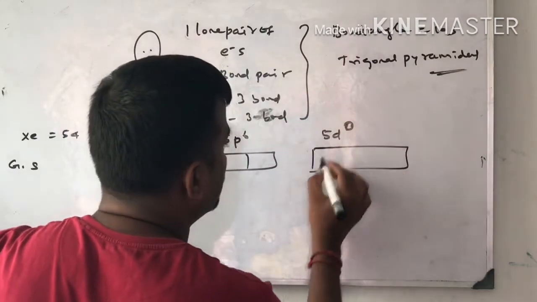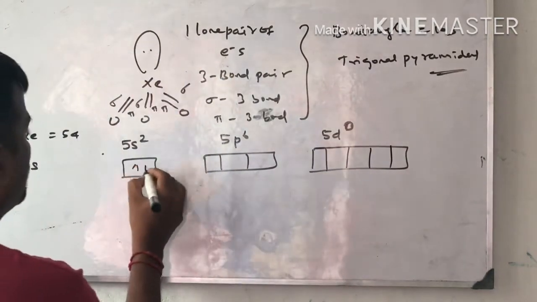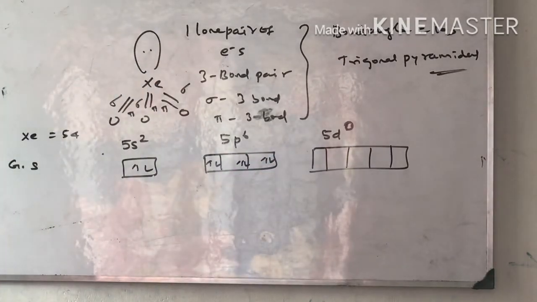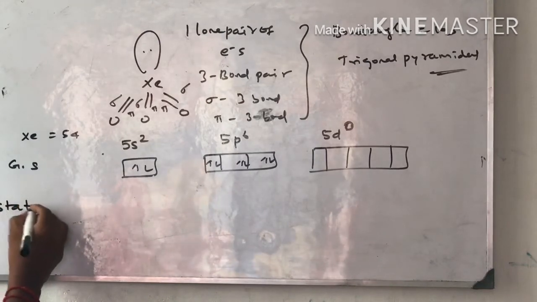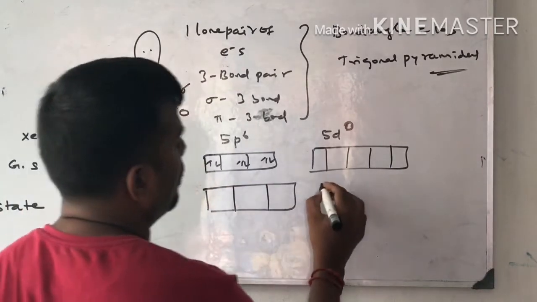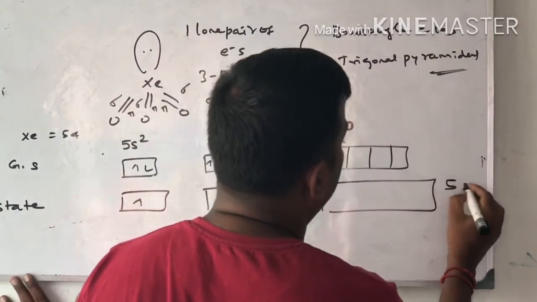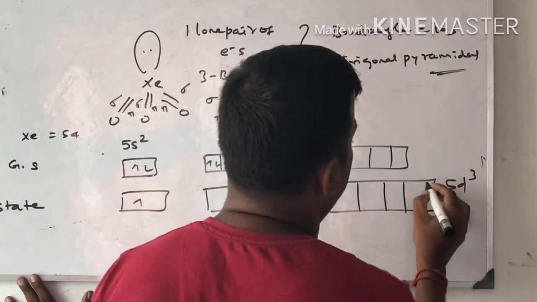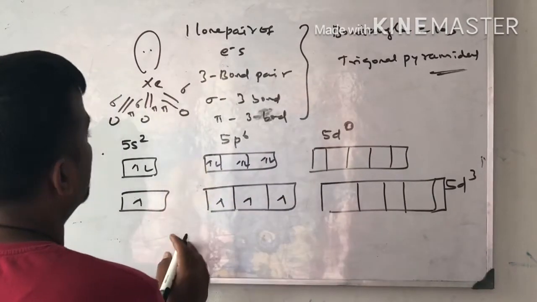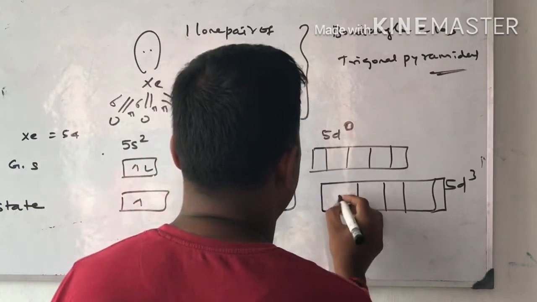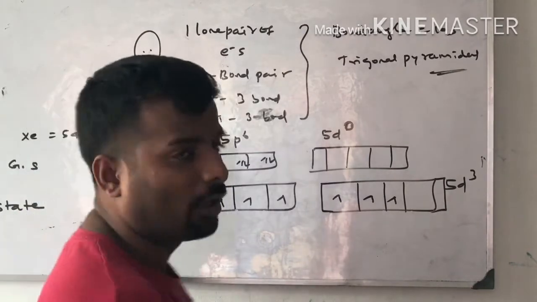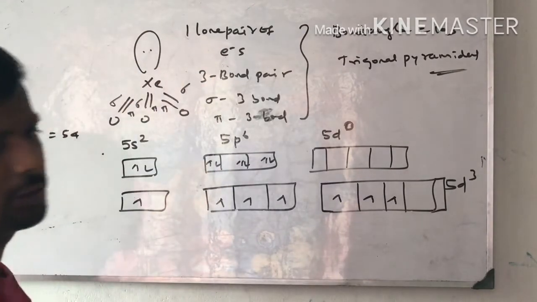In the excited state, 3 electrons in the ground state are shifted to the excited state, that is 5p6 to 5p3 5d3, because of the hindrance of the 3 oxygen atoms.